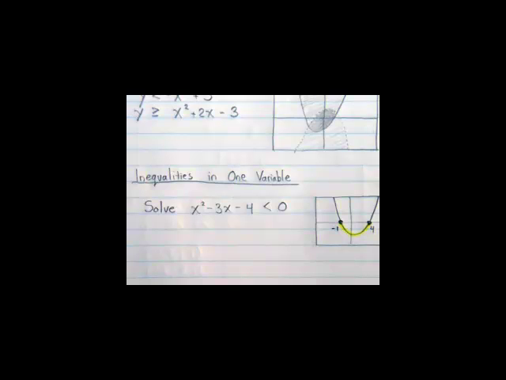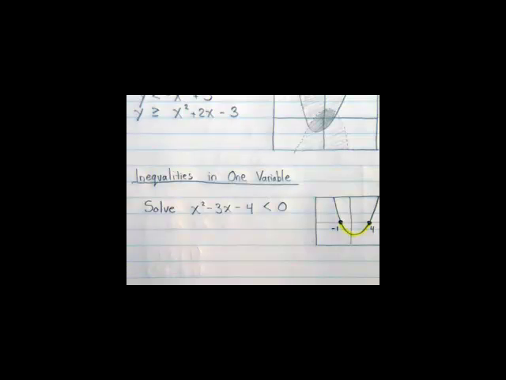Greater than -1, less than 4. All right, exactly. So it's all those numbers between -1 and 4, right? If I plug in any number in between -1 and 4, I'm going to get something negative as a result, because that's the part that's underneath the x-axis. So my answer to this question is not a graph, but it's an interval.